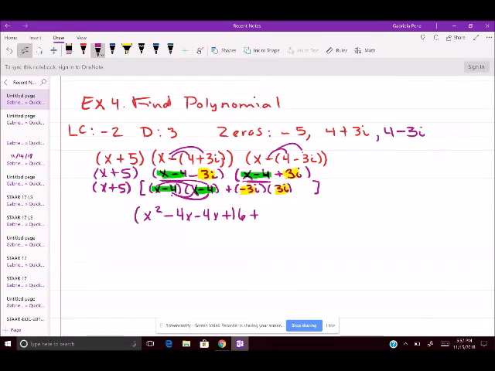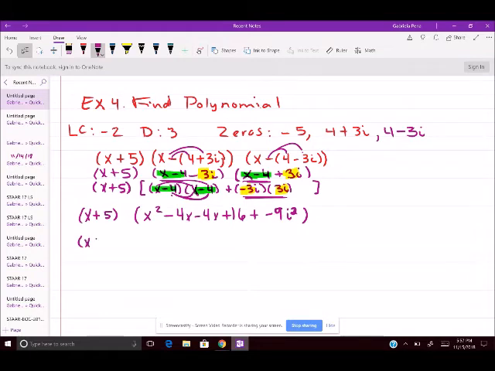Please don't forget to multiply these. A negative 3i times a positive 3i is a negative 9i squared. Do you guys remember what we're supposed to do with an i squared?